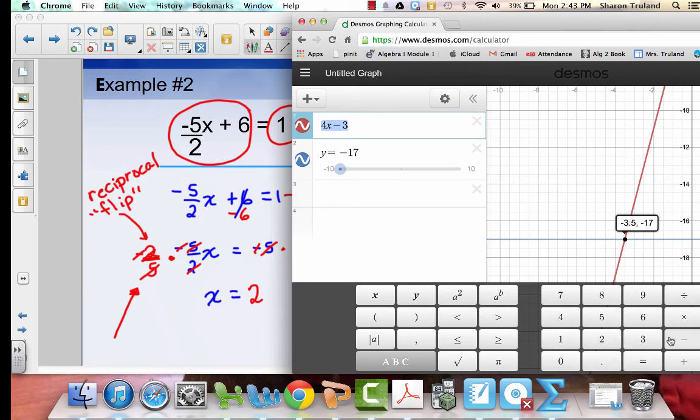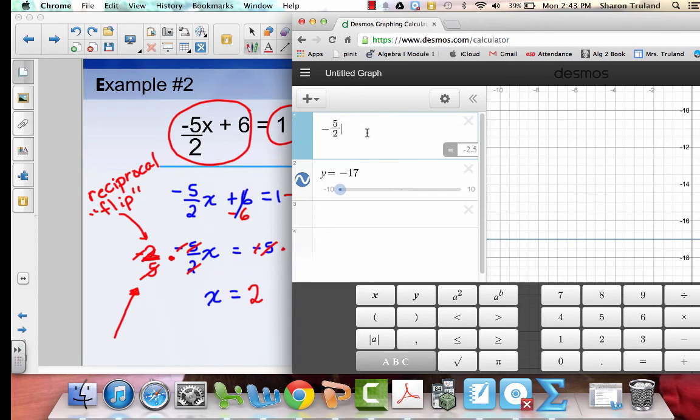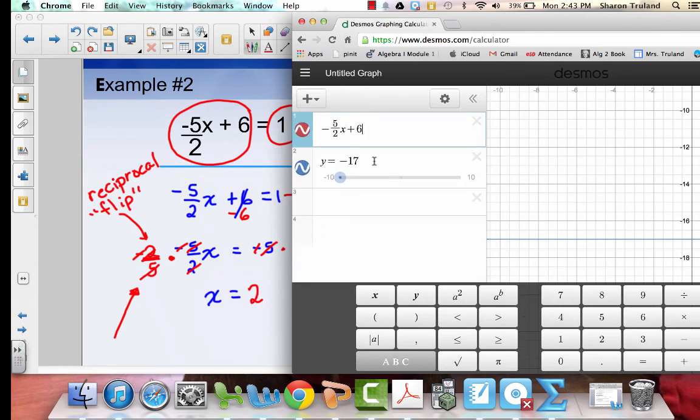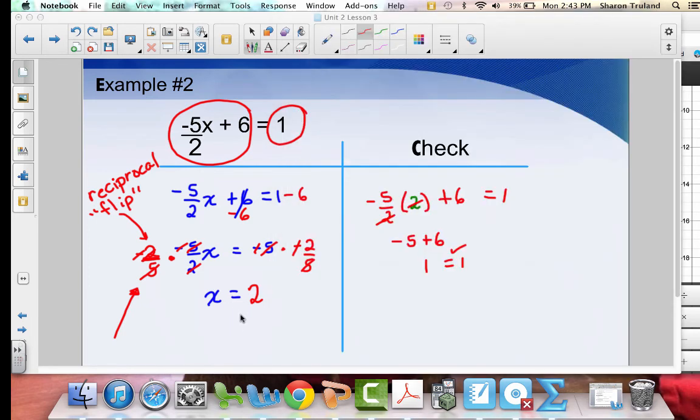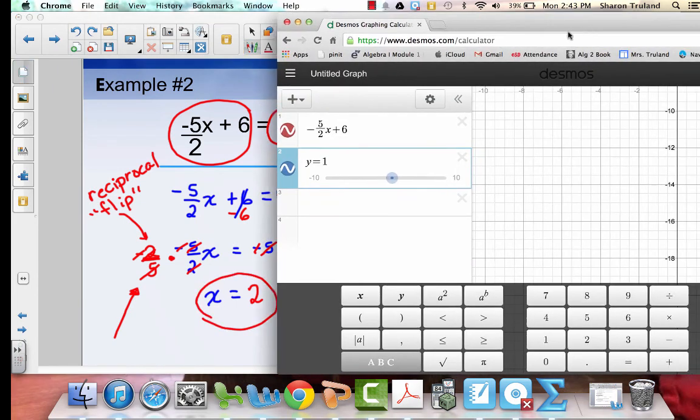So negative 5, divided by 2, x plus 6, and then this is going to be the line y equals 1. Now let's come back here, and we said our x value should be 2, so that when these two lines cross, the x value should be 2.